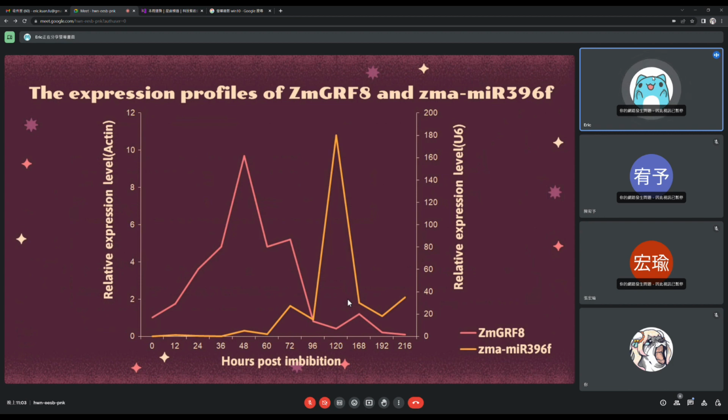In contrast, abundant signals of ZMA-MIR396F are detected in developing bundle sheath within the middle layers of the first leaf, and no signal of ZmGRF8 is seen at 120 hours post-imbibition.